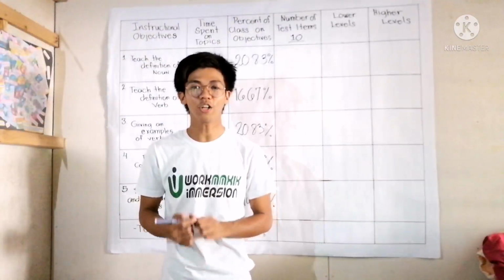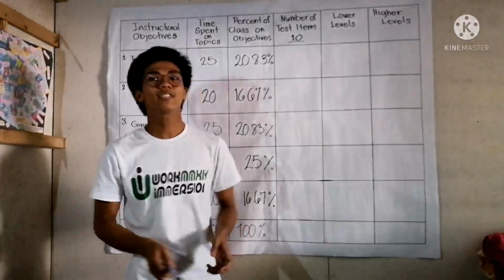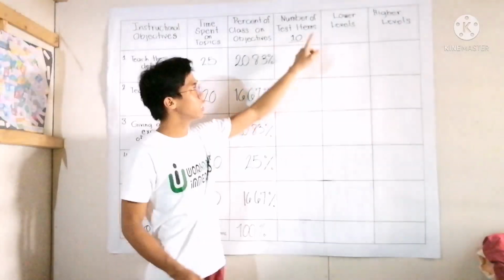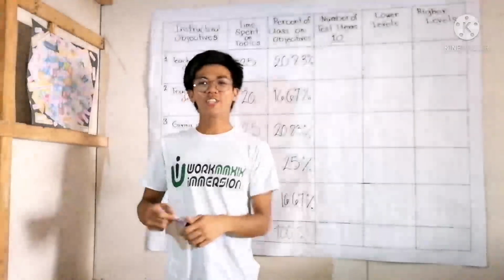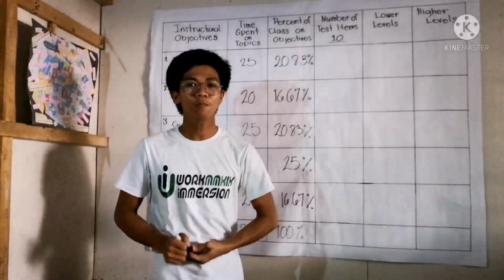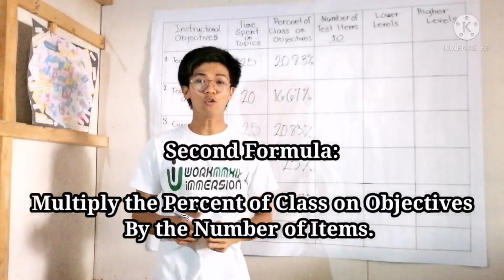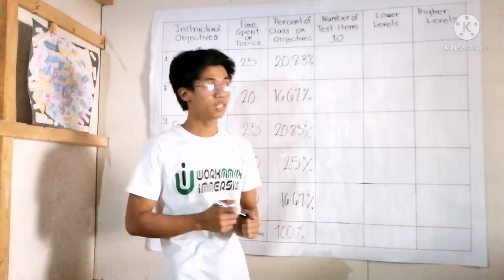So we are moving on to the fourth column, which is the number of test items. As you can see, I have written 10 here, which is the number of items of our test. To calculate the number of test items, we will multiply the percent of class by the items written on our chart, which is 10.